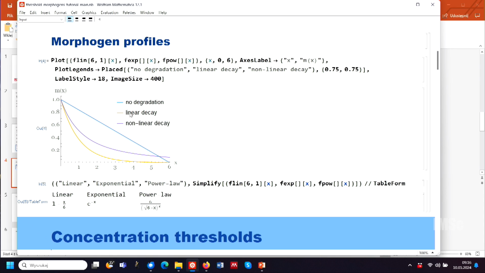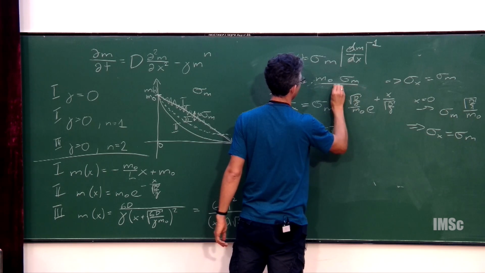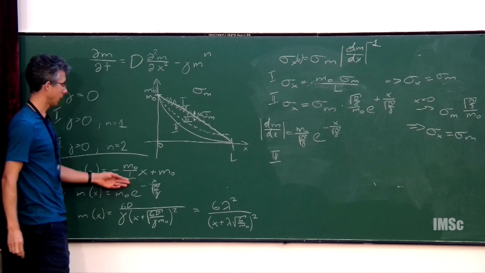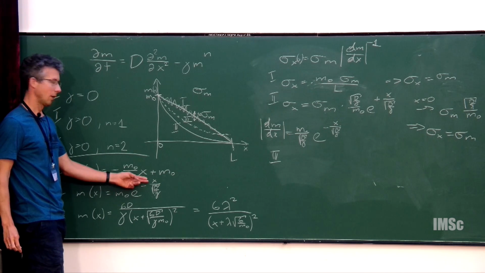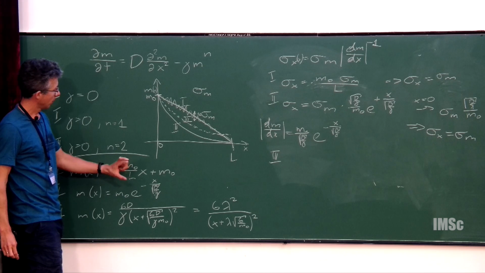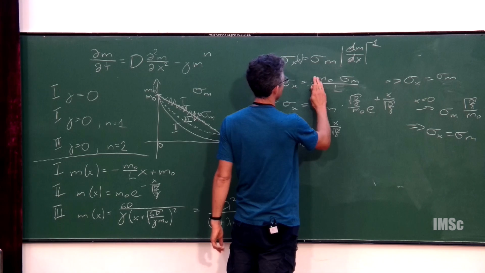So it should be something like this. You take the derivative of this, then you end up with this, you take the absolute value, then you switch it.